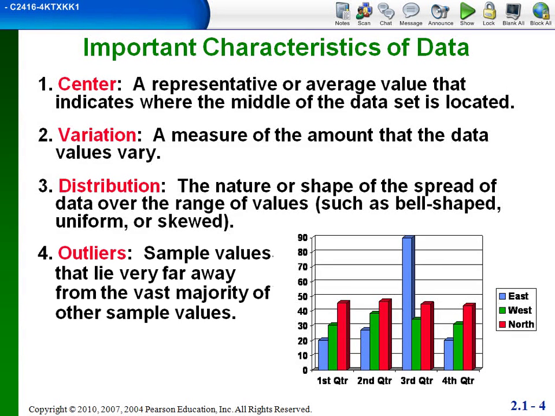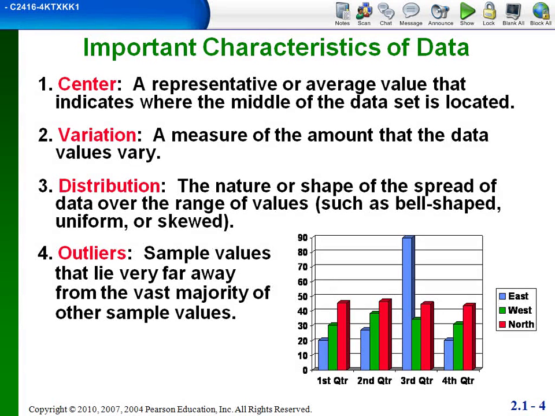Then we want to find out outliers. For example, sometimes we'll say things like, well, the average income in East Tennessee is $95,000 a year. And you think, well, I make $35,000, my neighbor makes $25,000, my other neighbor makes $37,000. Where in the world do they get that number from?